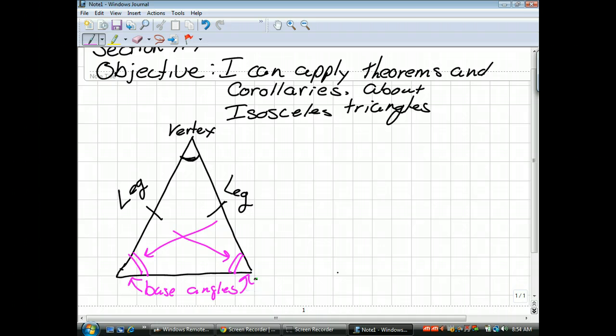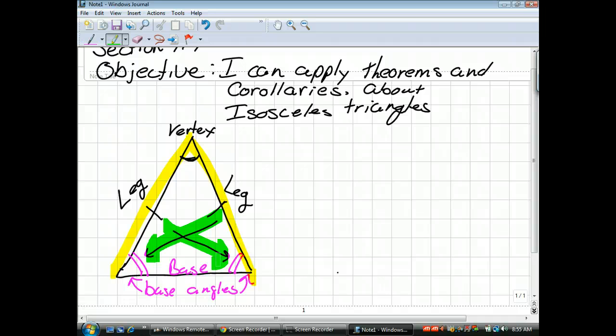Okay, and the third side here is called the base. So the two sides that are congruent are the legs. The third side is the base. The angle formed by the two legs that are congruent, remember, is called the vertex angle, and the angles opposite the congruent sides, which would be those two angles, are called the base angles.